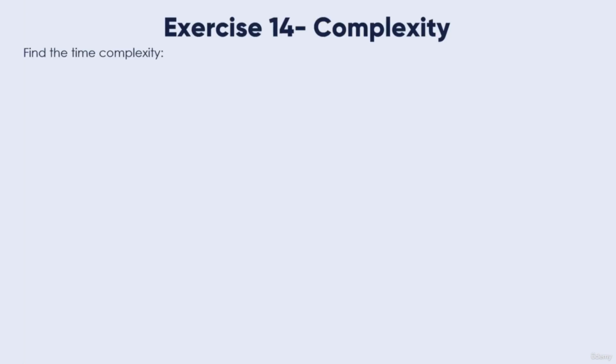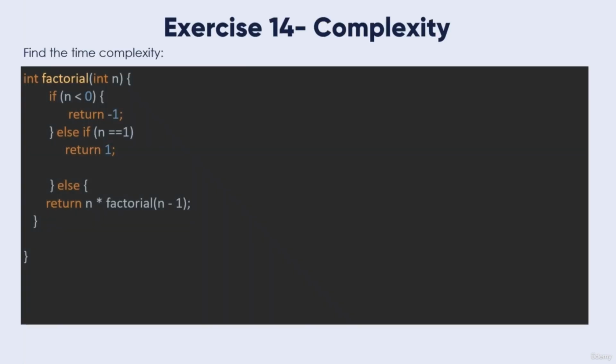Hello, my friends, and welcome to exercise number 14. We are asked to find the time complexity of the method factorial. Its return type is integer, and it has a parameter int n.